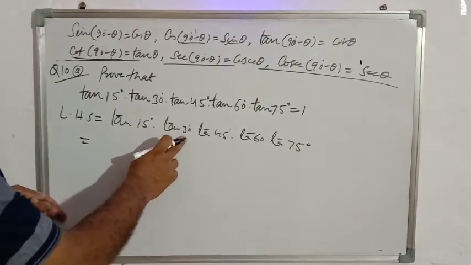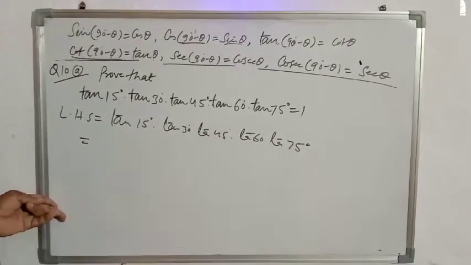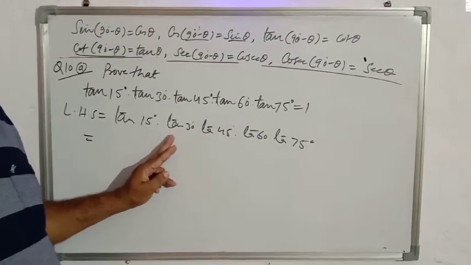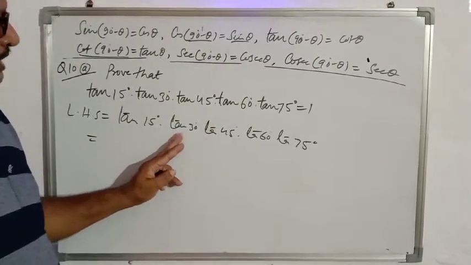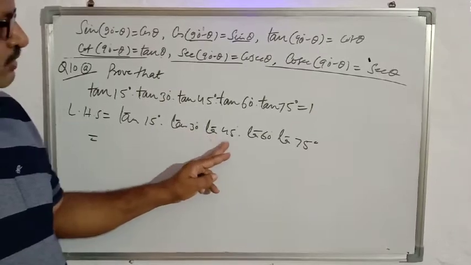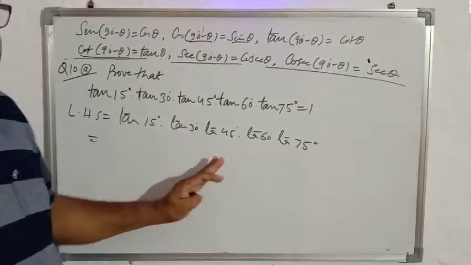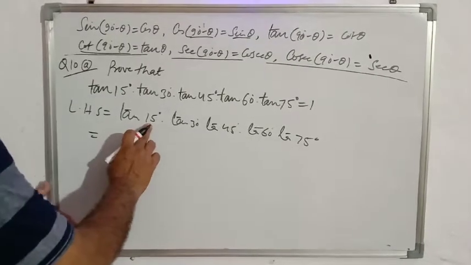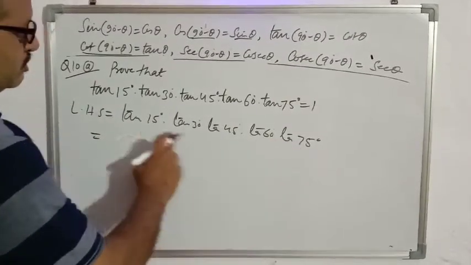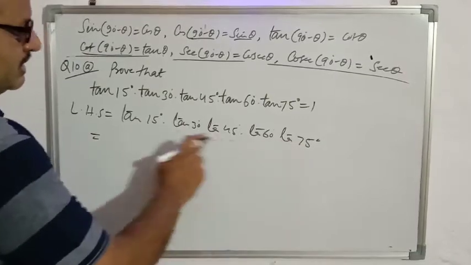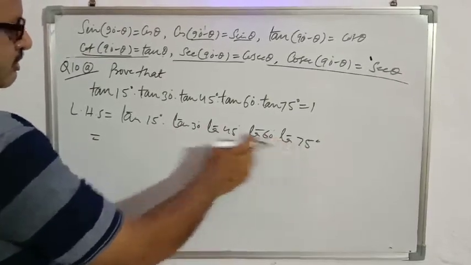Value of tan 30, tan 45 and tan 60 we can write with the help of table of standard angle. We know the value of tan 30, tan 45 and tan 60. But tan 15 and tan 75 we don't know. We also see here 15 degree and 75 degree. Both are complementary angle. Their sum is 90. So take it together.